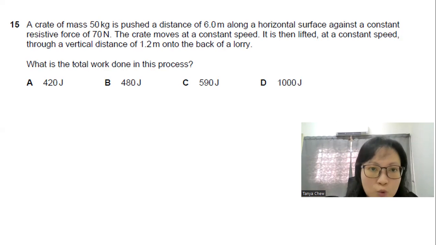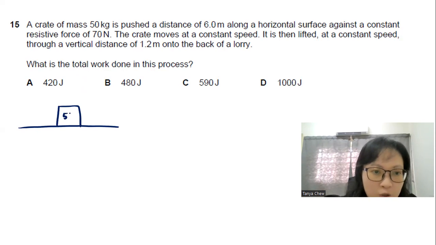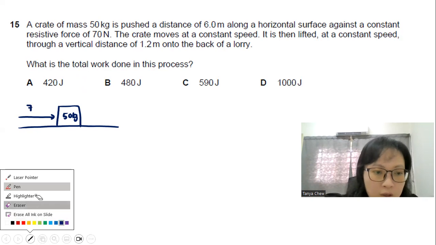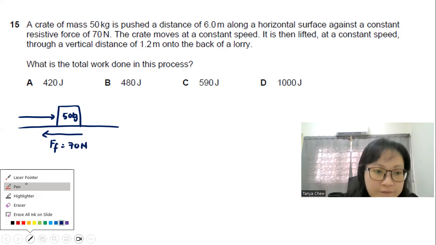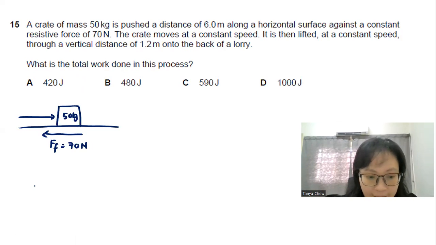So I'm going to calculate the work done when the crate of 50 kilogram is being pushed by a force, but there is a frictional force, or resistive force, of 70 Newton acting on it, and the distance is 6 meter.